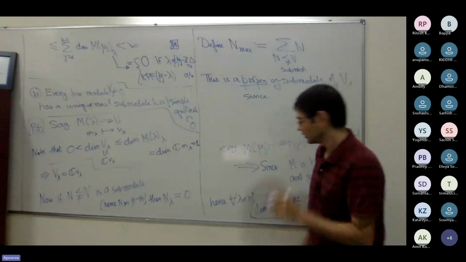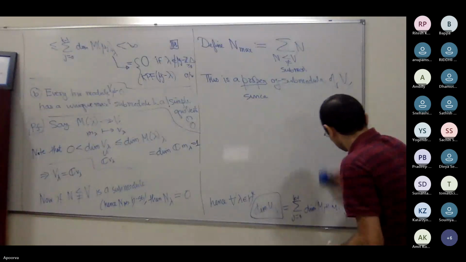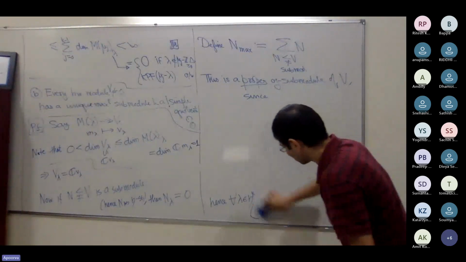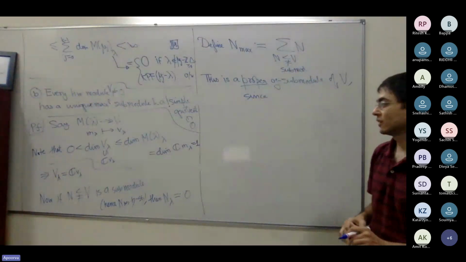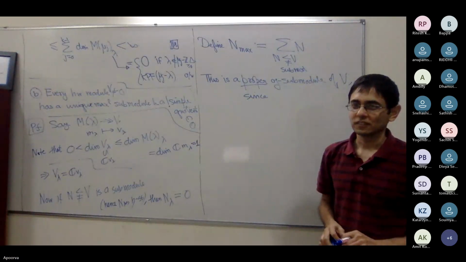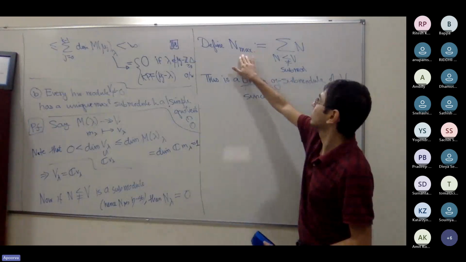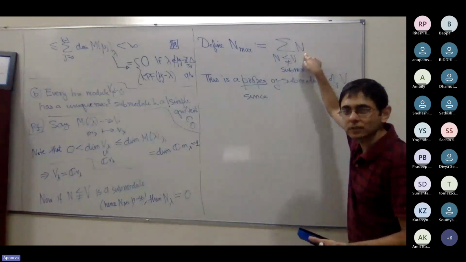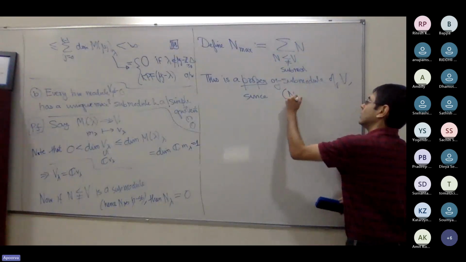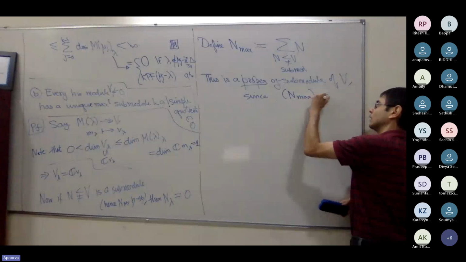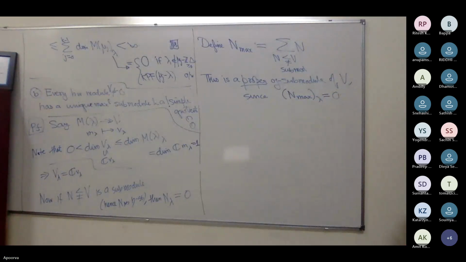The answer is again on the board, maybe not this half of the board. Why is this a proper submodule? That's because of the same thing. Look at the lambda weight space of this module. Each of these modules has lambda weight space 0, so the sum has lambda weight space 0. That's why it's a proper submodule.